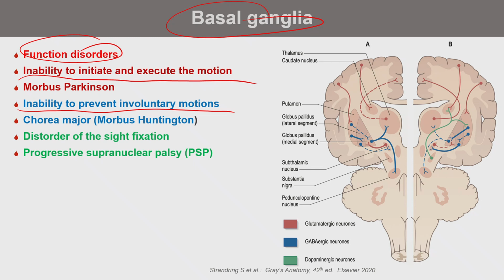Again, impairment of inhibitory function, and it's called chorea major, or Huntington disease. And also because they have some influence on the mesencephalic motor system for sight fixation, patients could have progressive supranuclear palsy, which is a third one. And those patients are not able to fix their vision properly where they have to see.